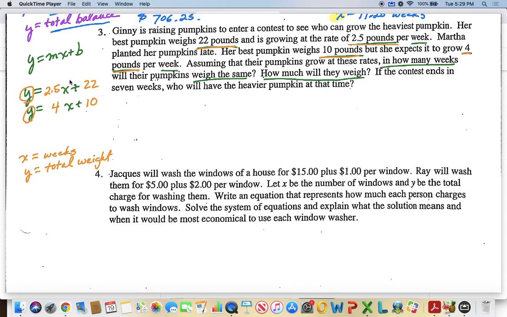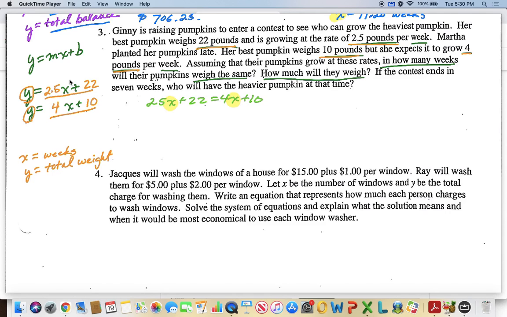And if those two y's are equal, and each y is equal to the other side of the equation, that means we can rewrite this equation so that it looks like this. 2.5x plus 22 is equal to 4x plus 10. So we've used the equal values method to get an equation where we only have one variable. That's an x here and an x here. We no longer have the y. So we can just go ahead and solve for x.